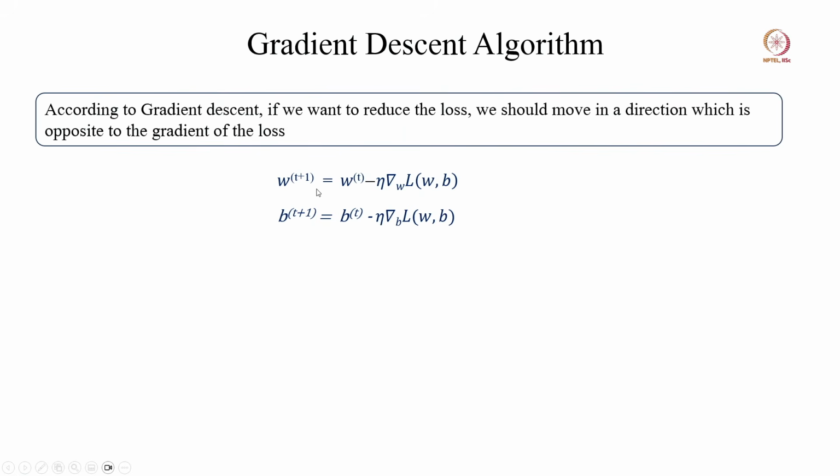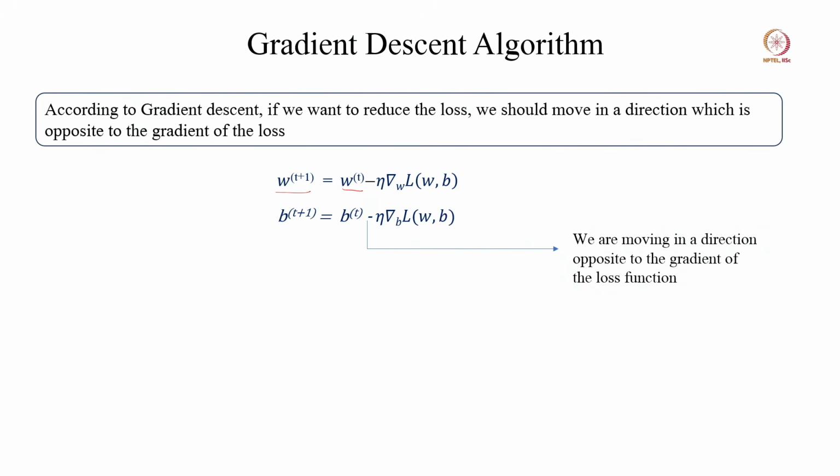So at time t plus 1, I have my previous iteration's weights minus a factor eta, which we will look into, what exactly it is called and what values we should take for eta, and then the gradient of the loss function. Similarly, for the change in biases, we can follow a similar equation. And we are moving in a negative direction, so we have this minus term, negative to the gradient of the loss function.